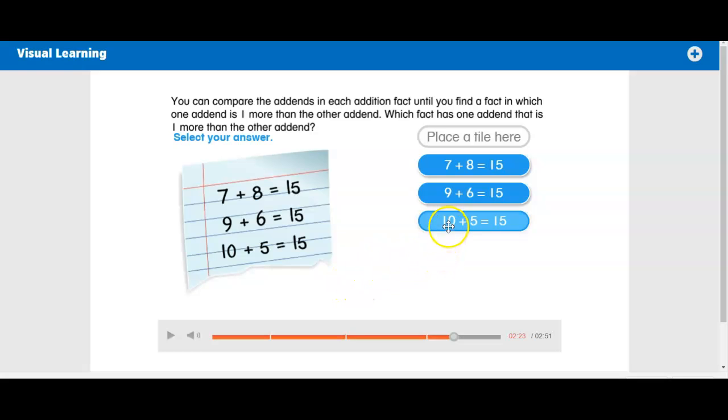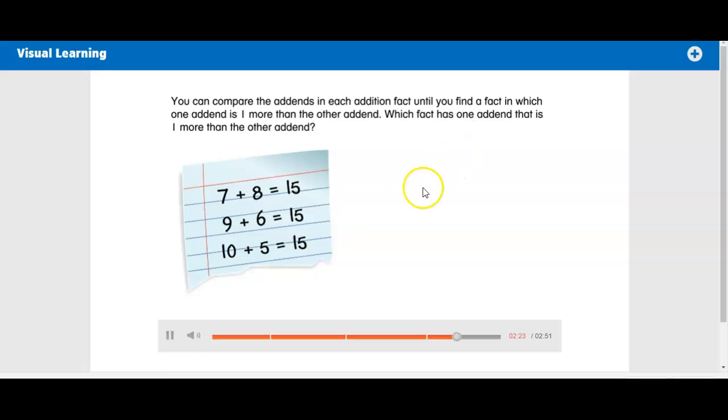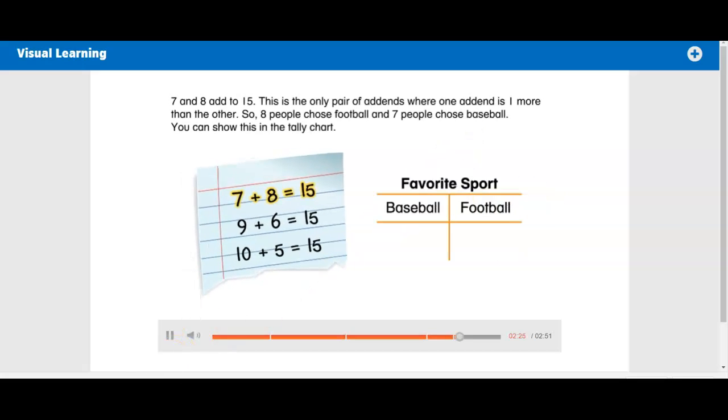The addends are the numbers that are being used to add together to find our answer. If we're looking for which fact has one addend that is one more than the other, that would be 7 and 8. Seven and 8 add to 15.